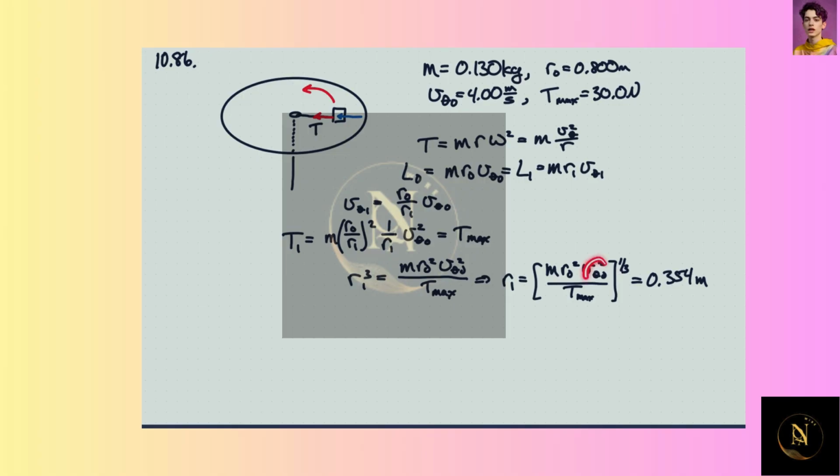If v theta naught stays the same and r naught goes up, that means the angular velocity is v over r. So if r goes up, this goes down. So it makes sense that then r1 goes up. And as this initial angular velocity increases, r1 also increases.